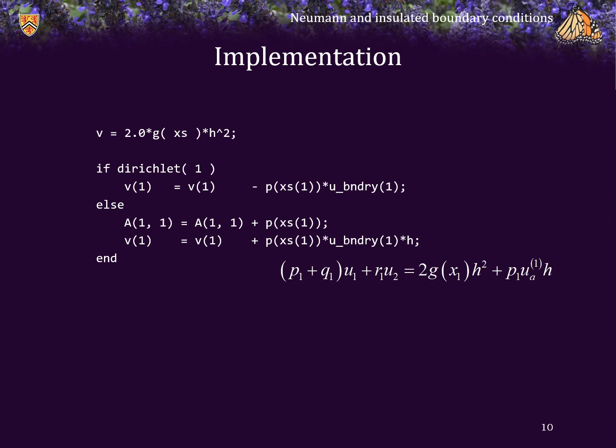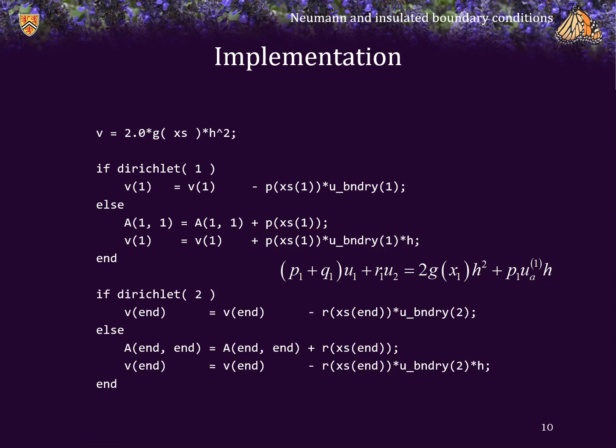So basically that requires us to add p evaluated at x1 onto the entry 1, 1 of the matrix, and we have to add p evaluated at the first interior point times the boundary value times h to the first entry of the target vector.